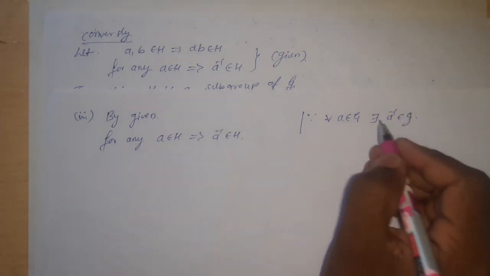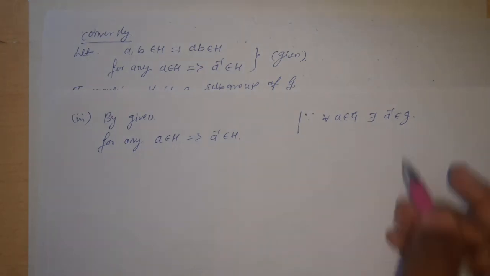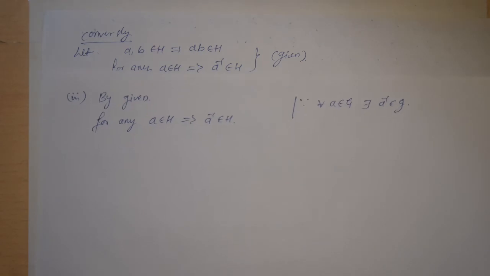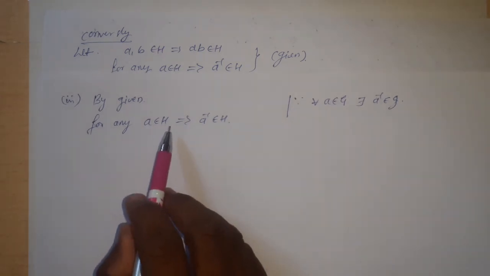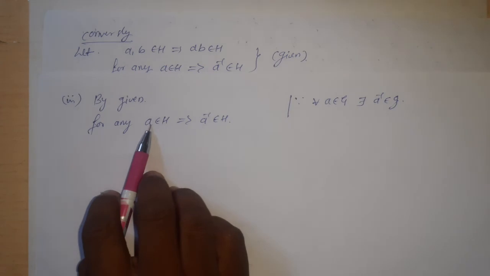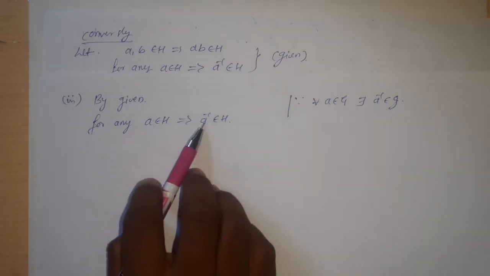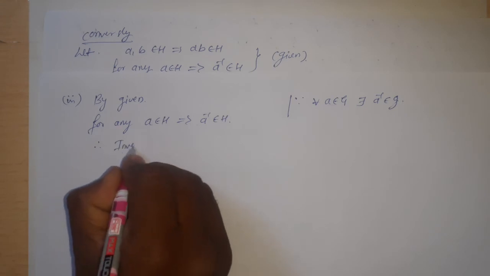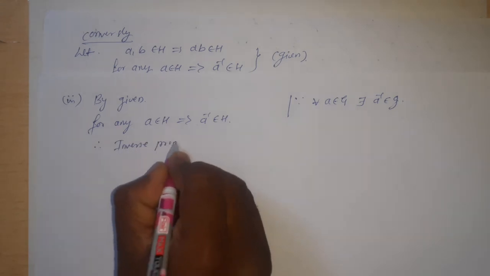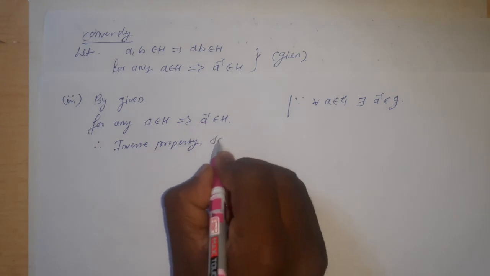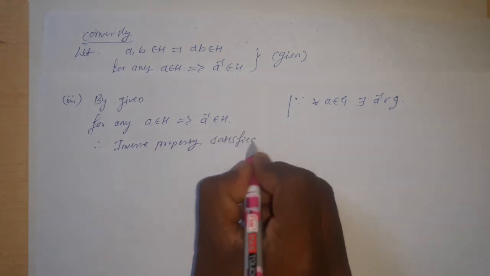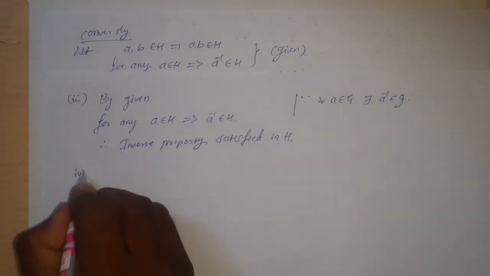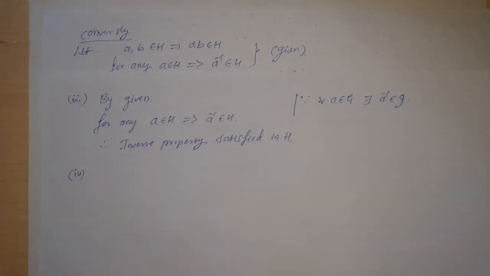So, whatever elements are there in the given set, there exists an inverse, and we say that is the inverse property. So, therefore, here it is already given in H. For any A belongs to H, there exists A inverse belongs to H. Therefore, we can say that the inverse property or inverse law is satisfied in H. And the last one remaining is the identity property.